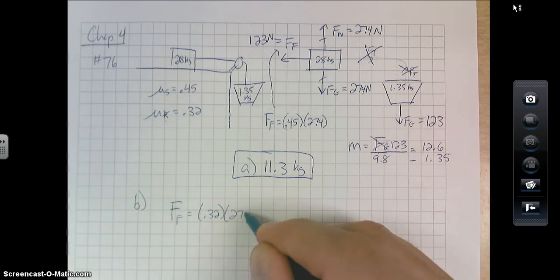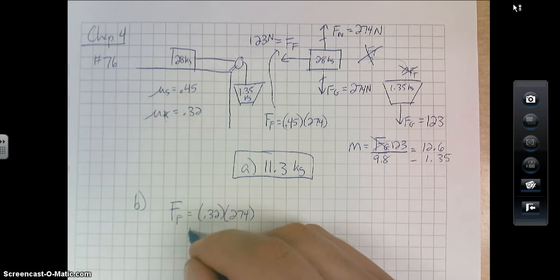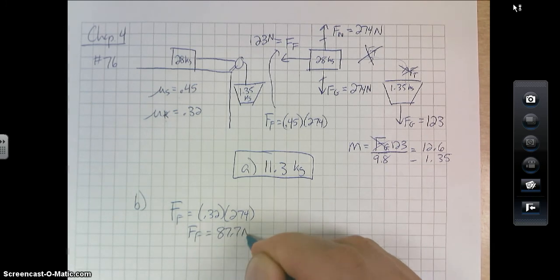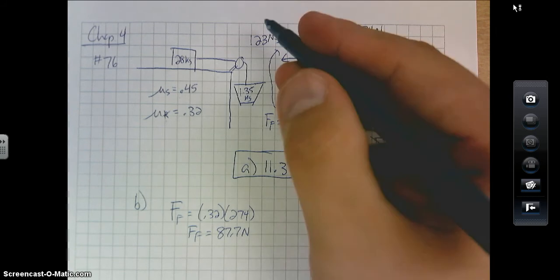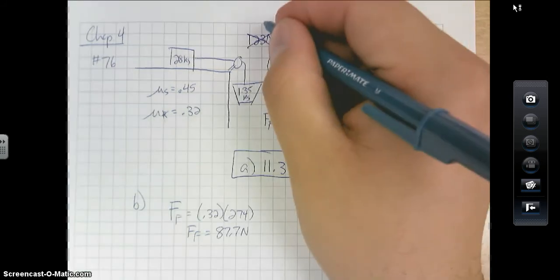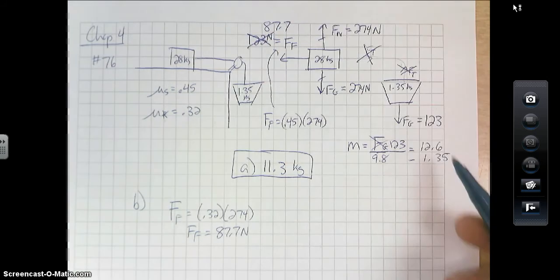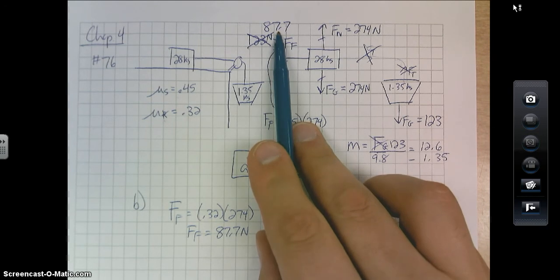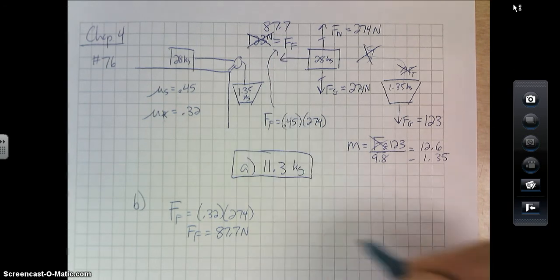So that's 274. So I get a force of friction equal to 87.7 newtons. Well, if that's the case, 123 and 87.7 do not cancel. So we have an unbalanced force.